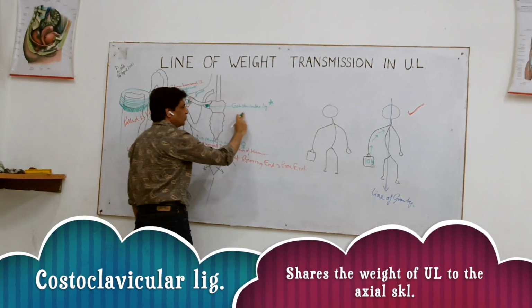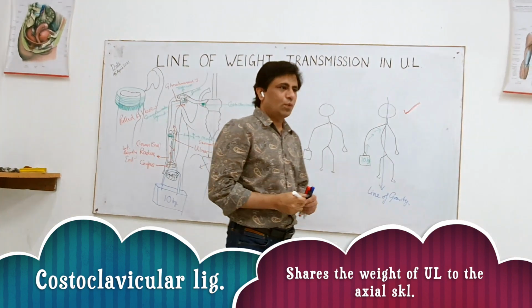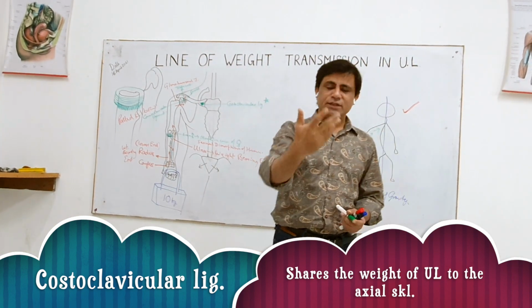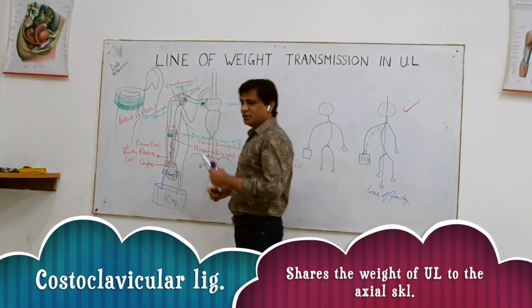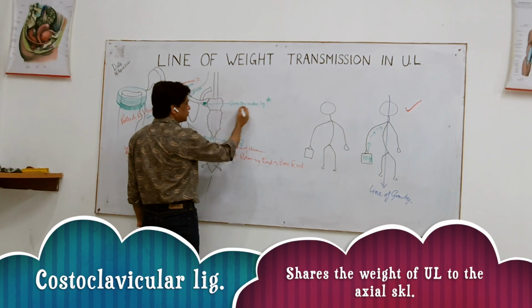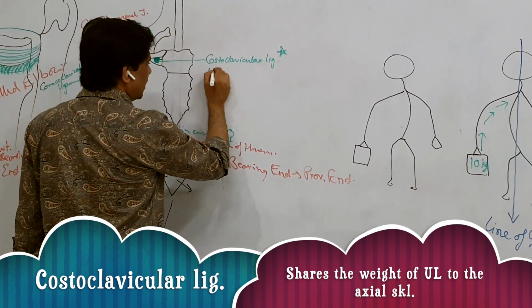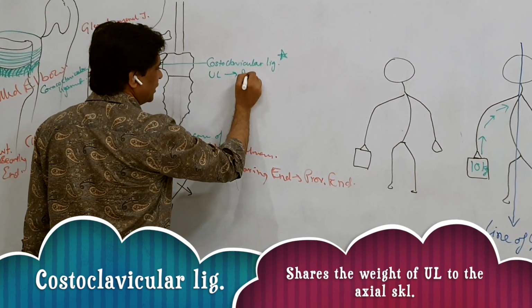It was asked which ligament actually shares the weight from the upper limb to the axial skeleton, or which structure even. So you can remember that it is through this costoclavicular ligament that the weight from the upper limb is shared to the axial skeleton.